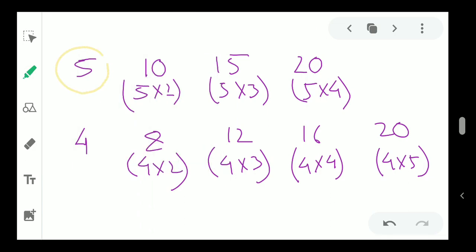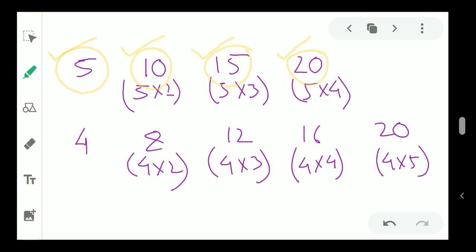So these are the multiples of 5. This one is the first multiple of 5, this one is the second multiple of 5, this one is the third multiple of 5 in this case. But basically we can also take 5 as a multiple of 5.